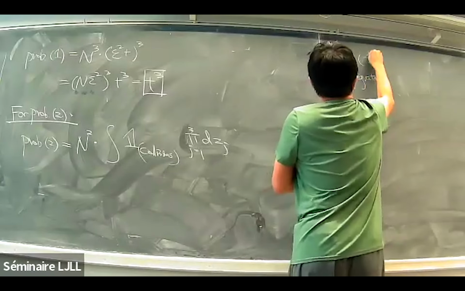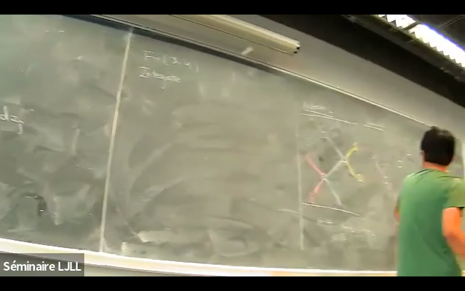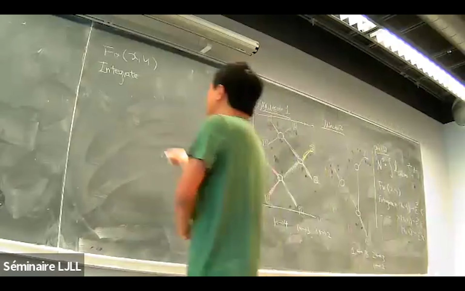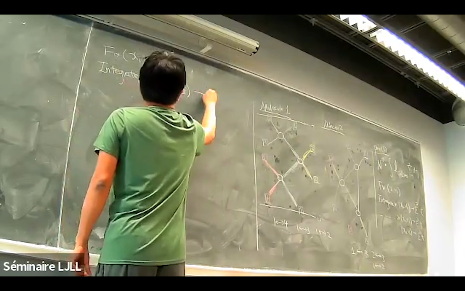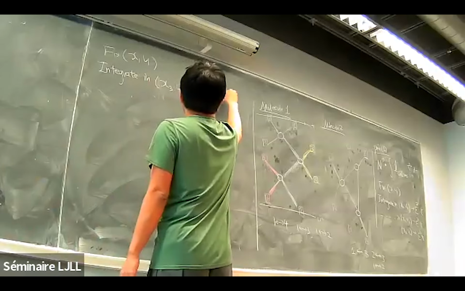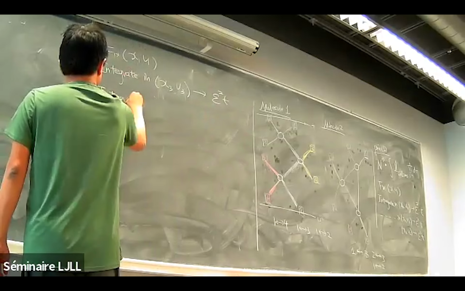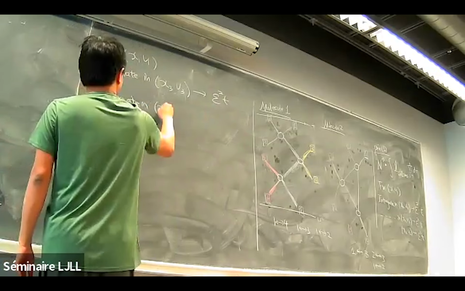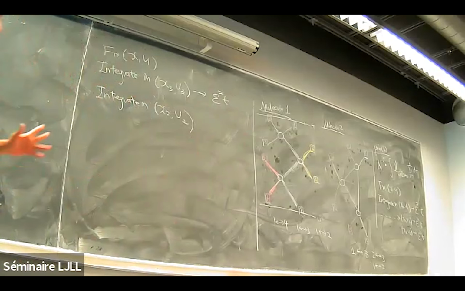Now look at the integral in x3 v3. It gets epsilon squared. And then we can integrate in x2 v2. And now you see the difference.